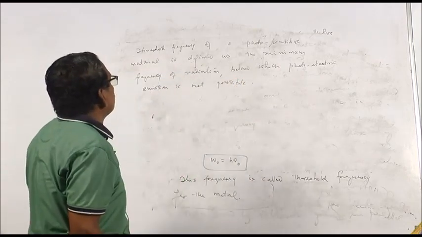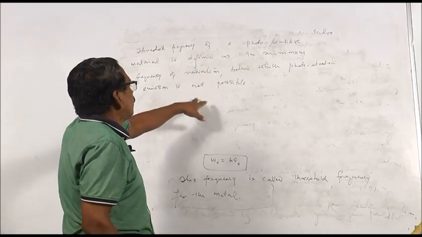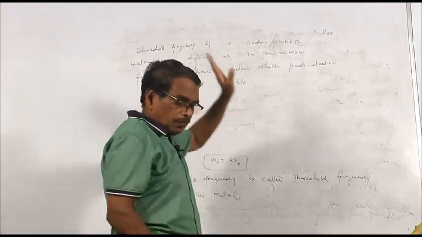Threshold frequency of a photosensitive material is defined as the minimum frequency of radiation below which photoelectric emission is not possible.